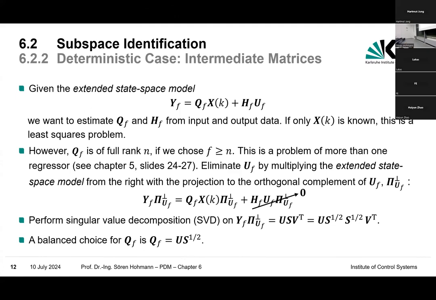And so a matrix, which is here on the left-hand side, can be decomposed into U times S times V. It's a different U here, right? It's not UF. Important.